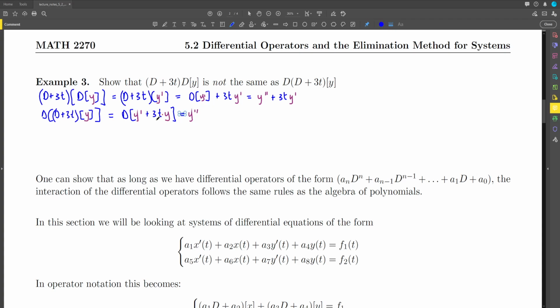But for our second term, we have to multiply 3t times the derivative of y. Or let me actually write this out. I'll write out y double prime plus the derivative of 3t times y. And we have to think that y is a function of t. And so that's a product rule.